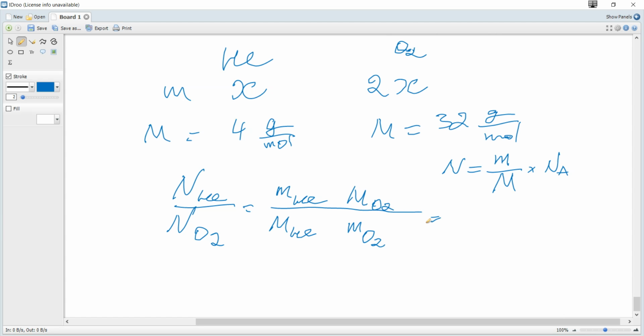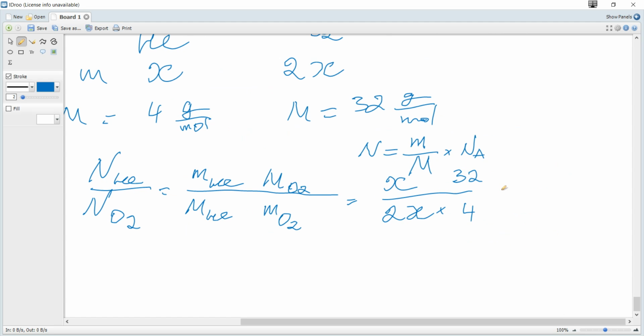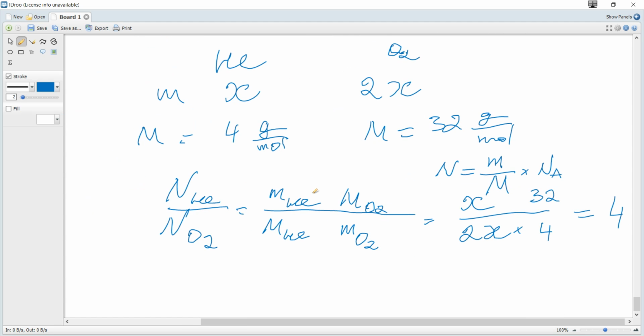And we get the mass of helium, it's x, over 2x, 32, and the molar mass of helium in the denominator is 4, and the molar mass of oxygen is 32 in the numerator, and it's 4. It's C.